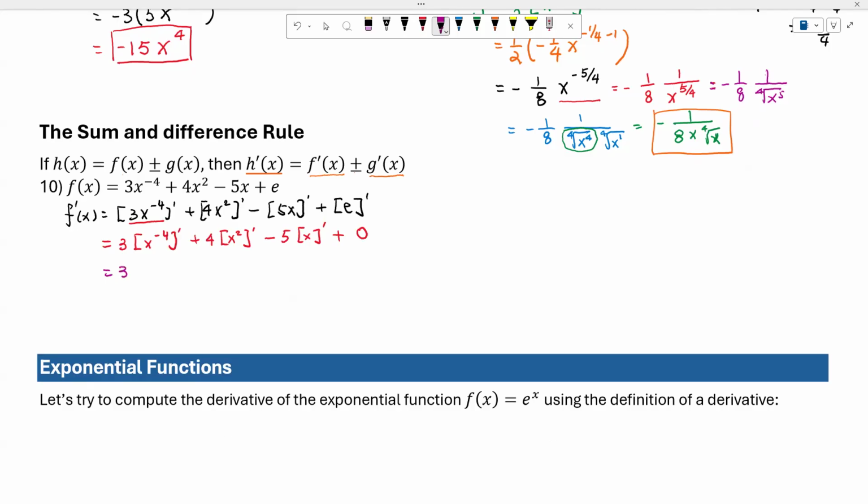Now I will have 3 times negative 4 x to the power of, again, negative 4 minus 1 is negative 5, plus 4 times 2x, and minus 5 times, remember the derivative of x is 1.